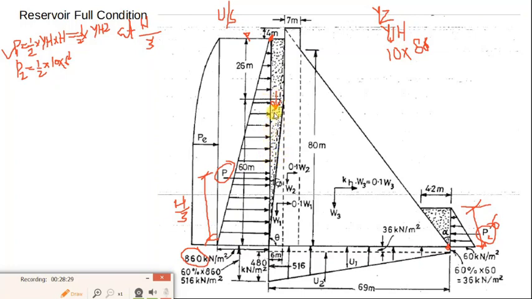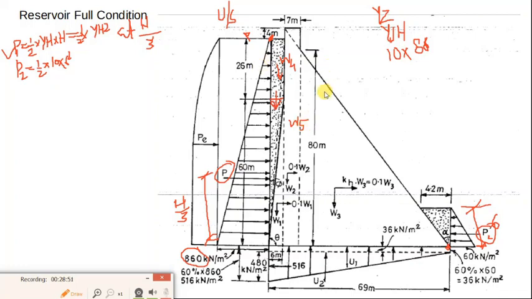How to calculate this? We can calculate this by dividing it into this smaller rectangle, say it is W4, and this one is a triangle, say W5, and by calculating the lever arm.